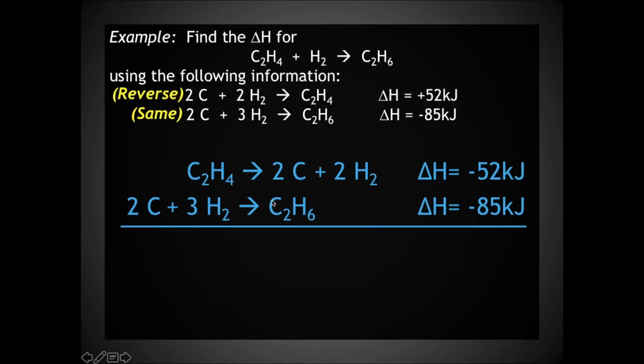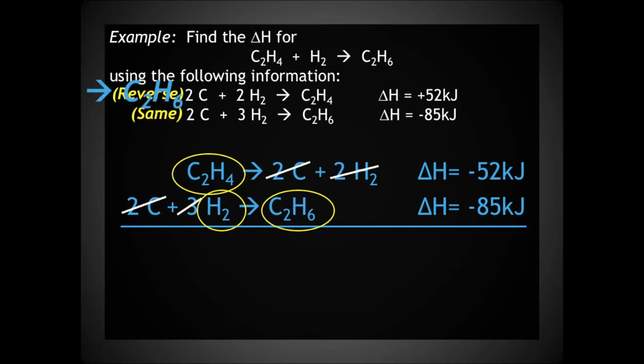Keep in mind that if you're adding equations, if a chemical is on the opposite side of the arrow, they're going to cancel out. So is the carbon. Now, the H2s don't completely cancel out. Two hydrogens will be canceled from here, but we'll be left with just one.